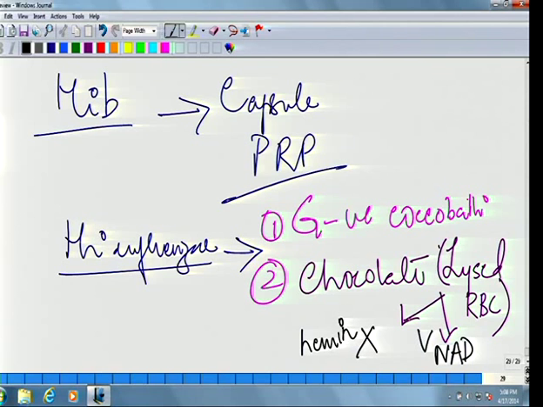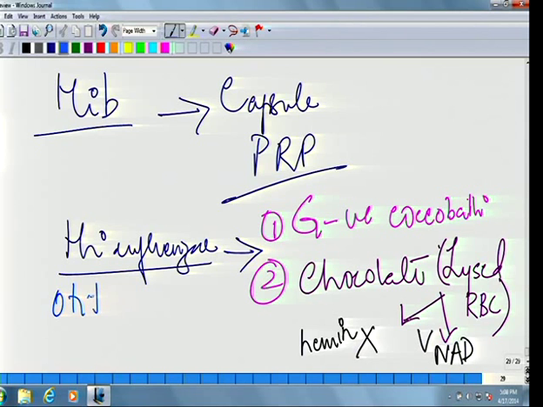So this in a gist is what you should remember about Haemophilus influenzae. Hib has a conjugate vaccine, of course, like the polysaccharide pneumococcal vaccine, you have the conjugate vaccine. Now, those strains without a capsule, the non-typable Haemophilus influenzae, are now becoming important in the US. What are the infections caused by non-typable strains?